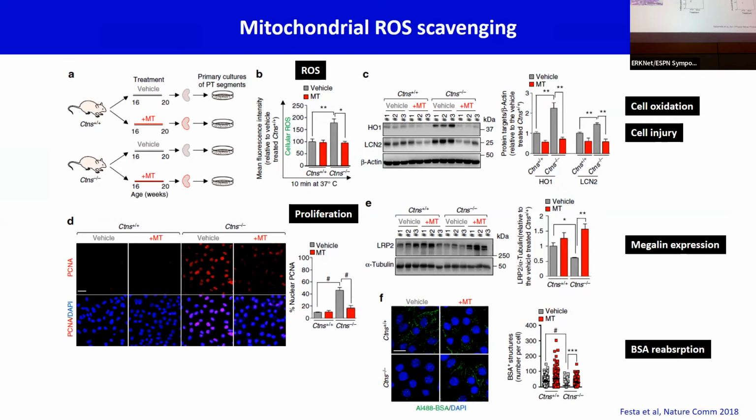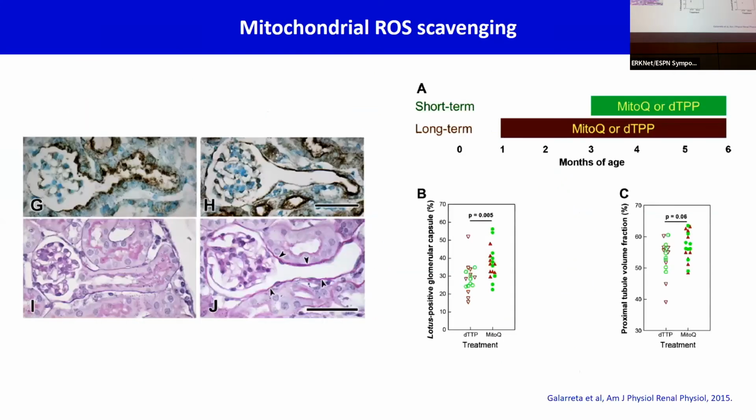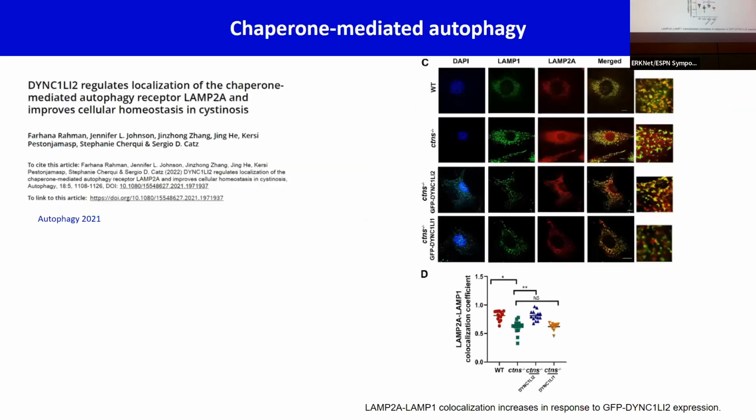And from a histological point of view, Dr. Chevalier in the US had previously shown that if you treat the same mice with another scavenger, this is MitoQ, this swan neck deformation could be at least in part rescued.